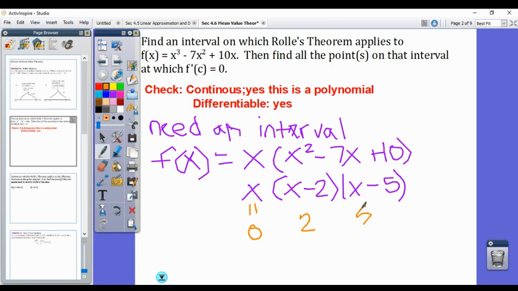Okay, so my interval is going to be between 0 and 5. Oh, and that should be a bracket as well. Okay, all right, so we are going to find a point where the derivative is equal to 0. This is exactly like finding the critical points, which we've been doing.